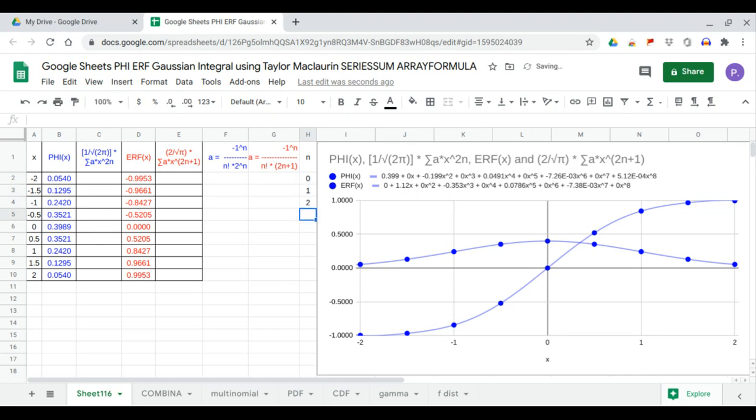In this case, we can go as far as 8, maybe. And we use the series sum. So array formula, series sum of the x values raised to the power n, which starts from 0, incremented by 2. And the coefficient will be this range in blue.